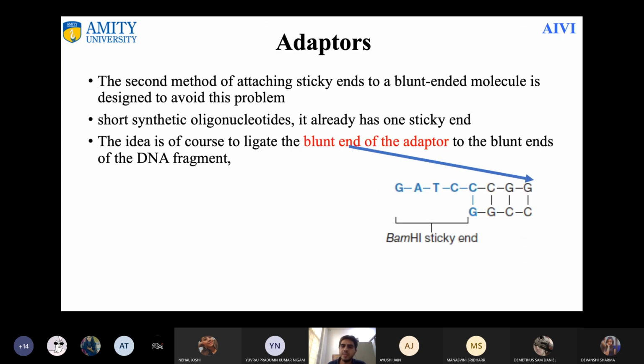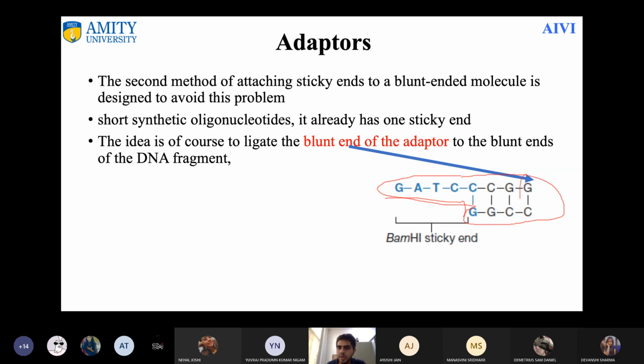So this is an adapter. This adapter is already having a sticky end with it. If you synthesize an oligonucleotide which has a sticky end, you call it an adapter.